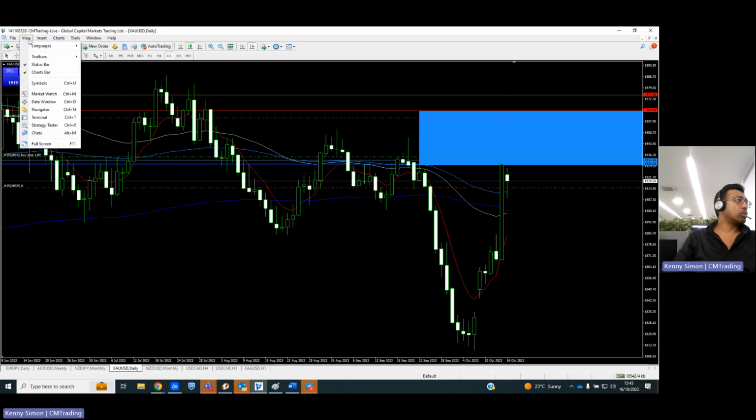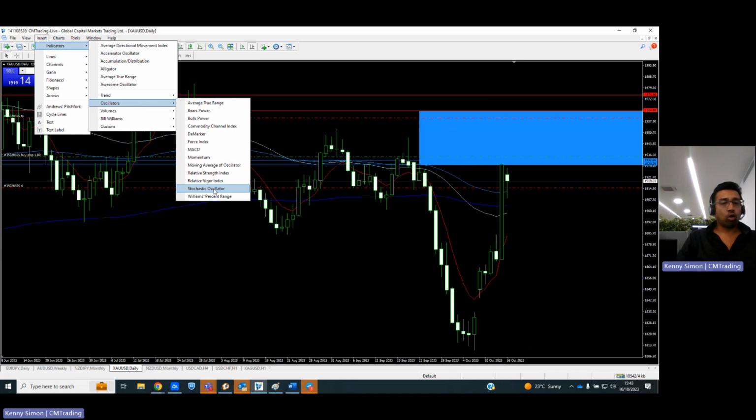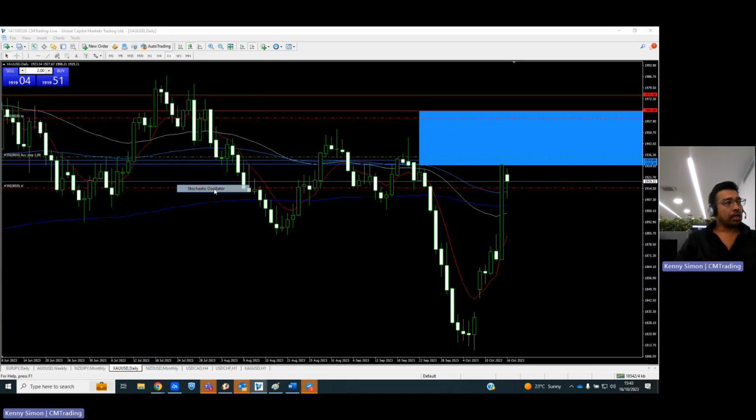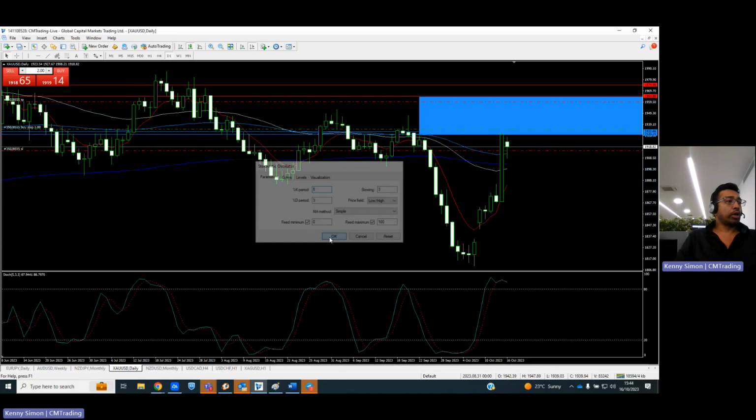So I would like to show you how we use that. If you would like to insert that, just go on to indicators and go on to oscillators. It's part of the oscillator type indicators, and click on stochastic. There's no need to change any of the parameters. Just leave it as default and click on OK.